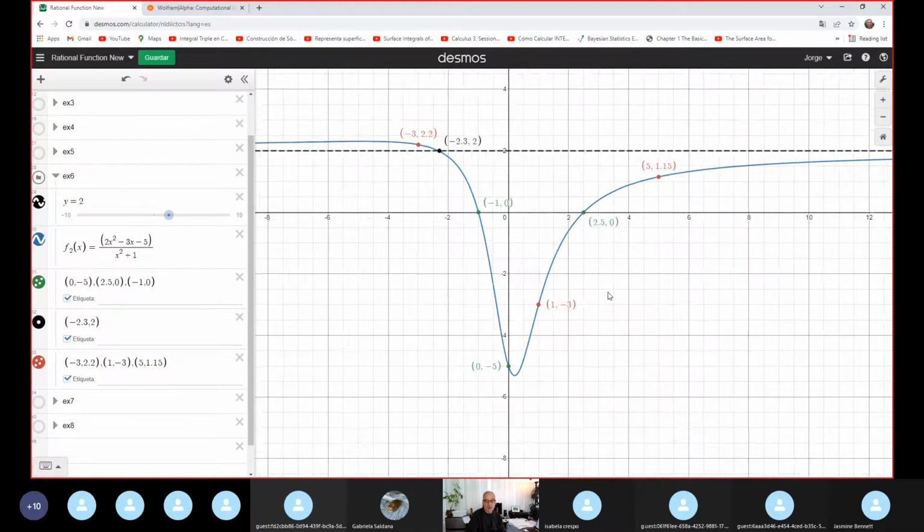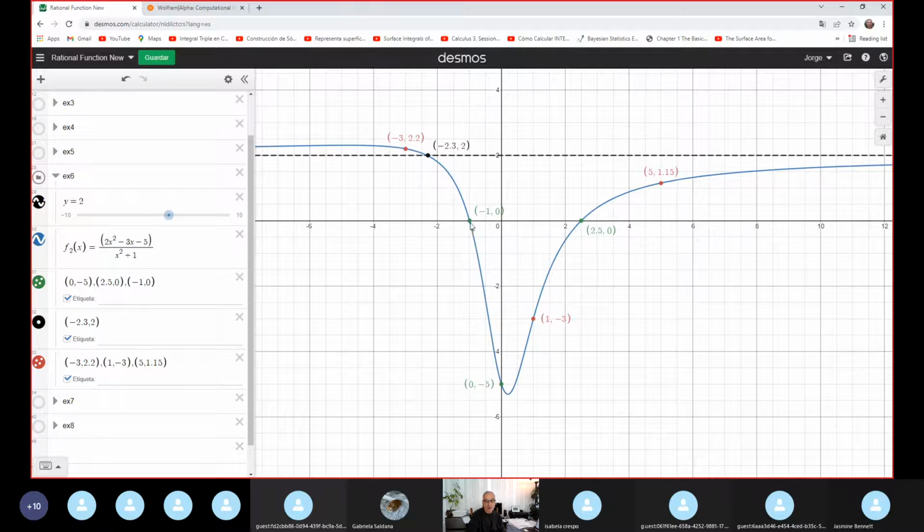In the green color, you can see -1 and 2.5, which are the x-intercepts, and 0, -5, which is the y-intercept. Look, this y equal to 2 is the horizontal asymptote. And the famous point, -2.3, which is -7/3, comma 2. And 3 additional points, which in red color are 5, 1.15, 1, -3, and -3, 2.2.